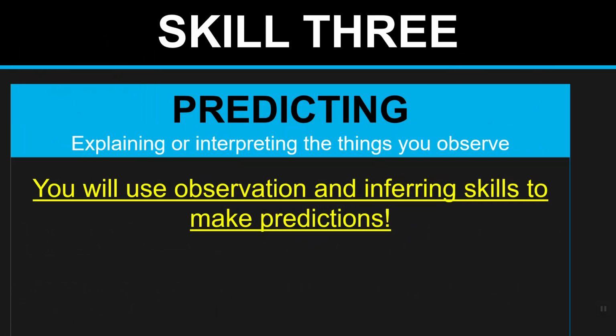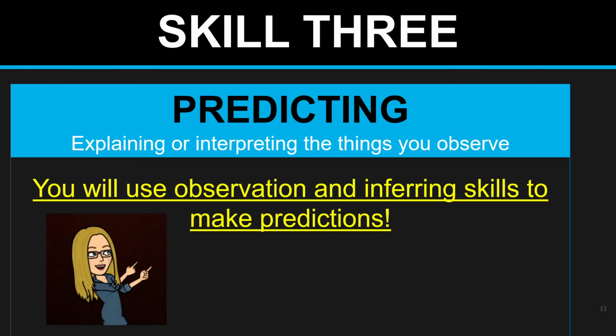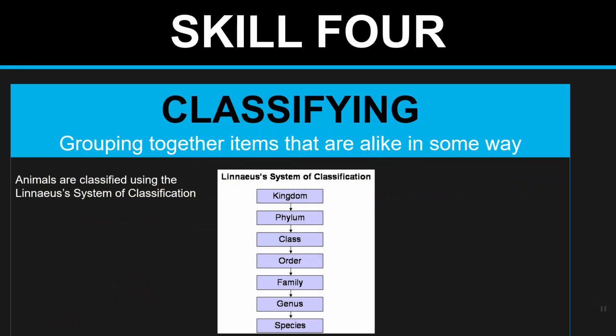Skill 3 is predicting. Predicting is explaining or interpreting the things you are observing. So you will make an observation and you will use observation and inferring skills to make these predictions. Skill 4 is classifying, grouping together items that are alike in some way.